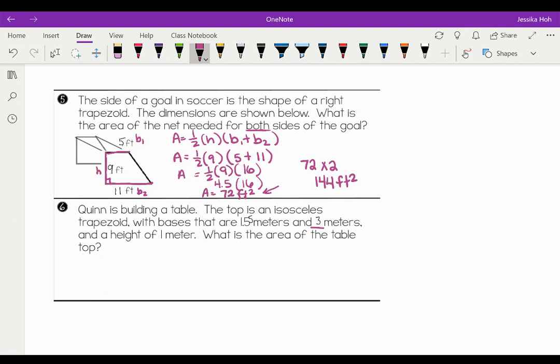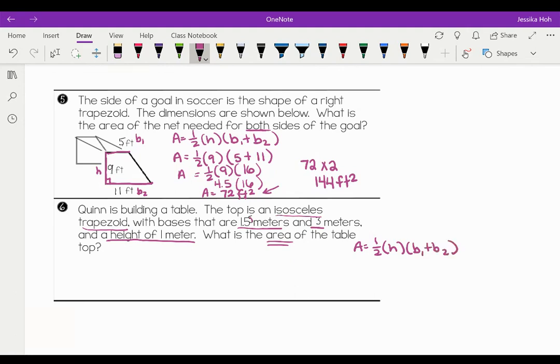Our next problem, Quinn is building a table. The top is an isosceles trapezoid with bases that are 1.5 meters and 3 meters and a height of 1 meter. What is the area of the tabletop? So first off, we're talking about a trapezoid, so area equals 1/2 height times base 1 plus base 2.